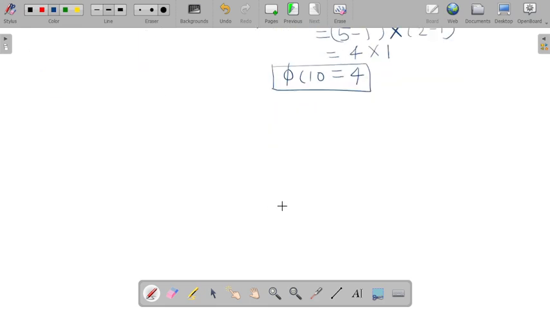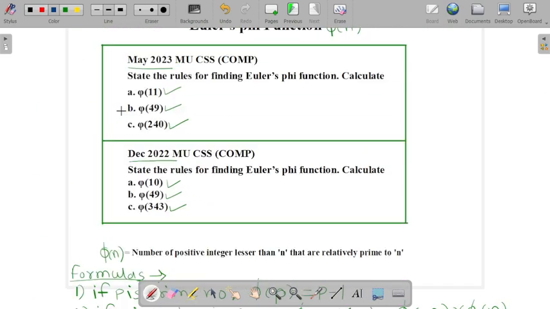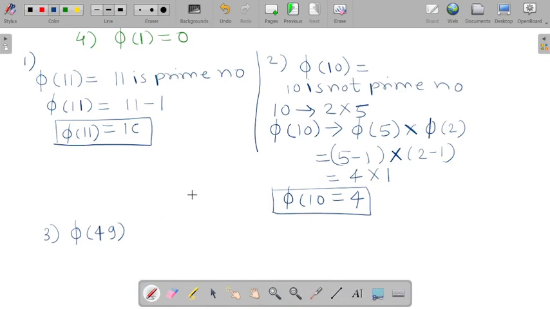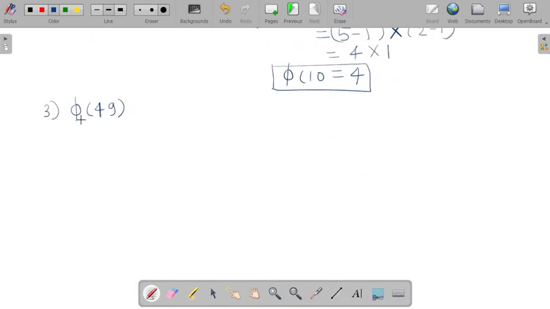Now our third example is to solve for phi of 49, and this question is asked 2 times in the question paper. Okay, so for this phi of 49, 49 is not a prime number, so we can write phi of 7 into 7.